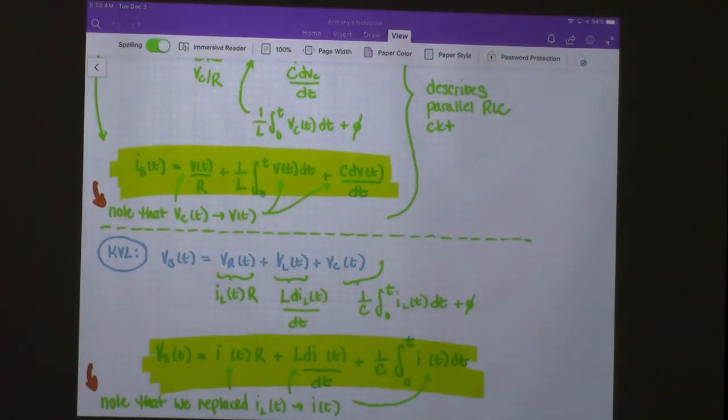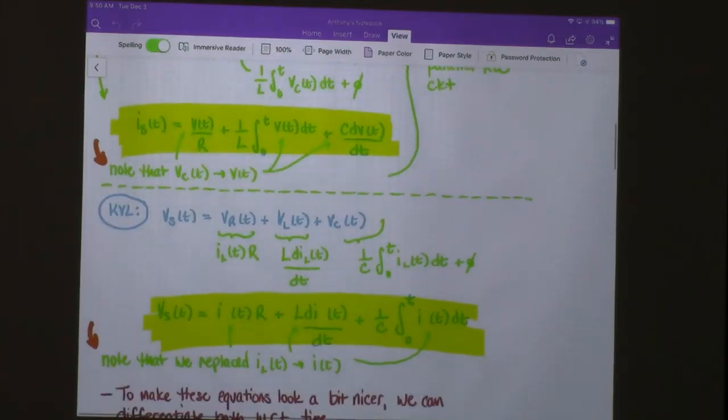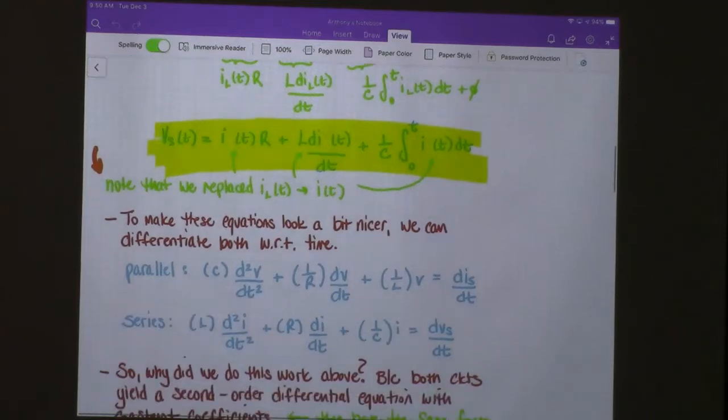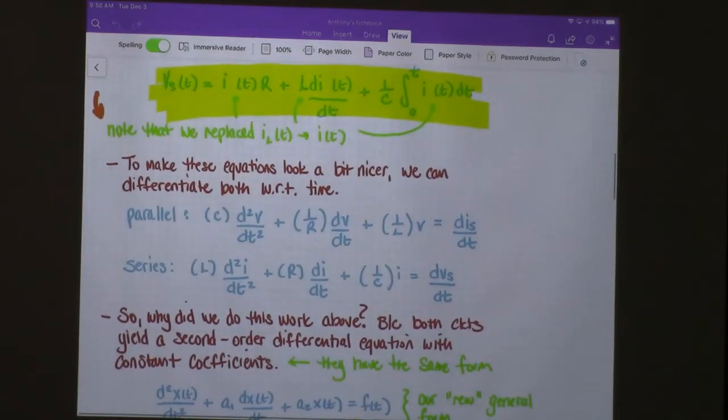Let me pause for 1 second and give everyone a chance to catch up. All right, to make these equations look a little bit nicer.